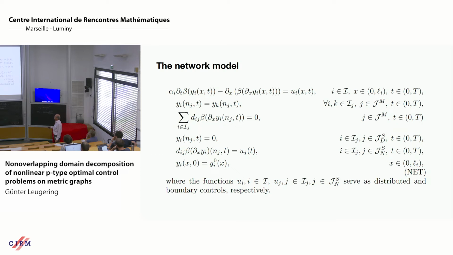This is equivalent to the physical fact that the fluxes add up to zero. So it's like in mechanics, where forces add up to zero, right? And then out there, you have Dirichlet nodes, you have Neumann nodes that are under control, and you have initial data. So this is a network model, right?